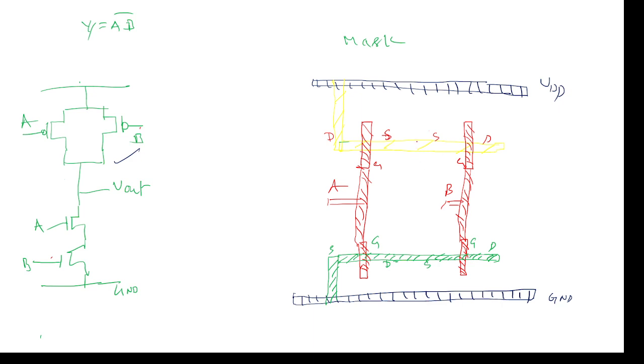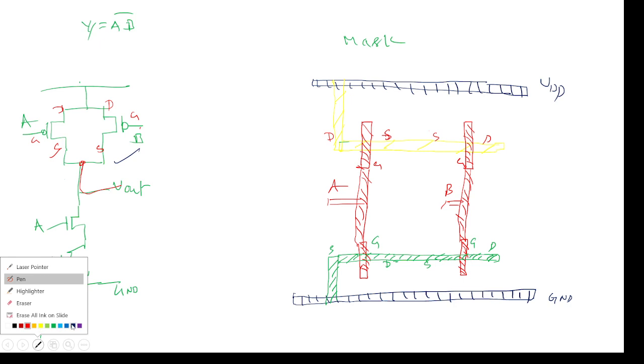Now in between source, gate, drain, in between source and gate we are taking the output, source and source. So using metal or else the same material we need to extend. Metal means blue color.